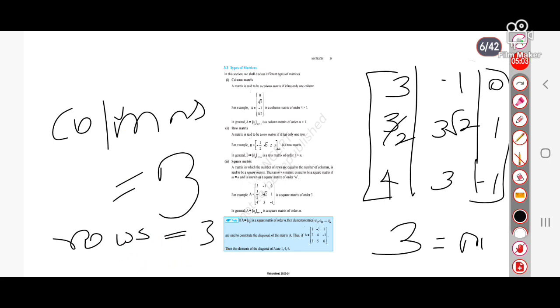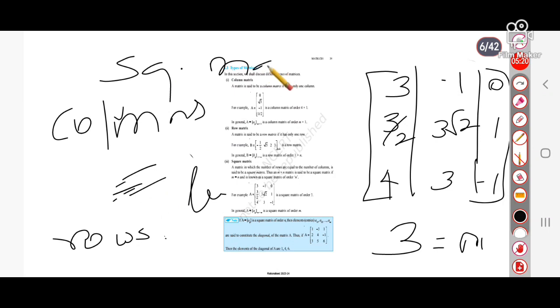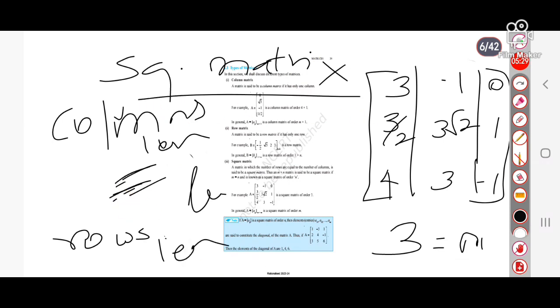So when the rows and columns are equal in length, then that matrix is called a square matrix. I repeat, when the column length and row length are equal, it is called a square matrix, right?